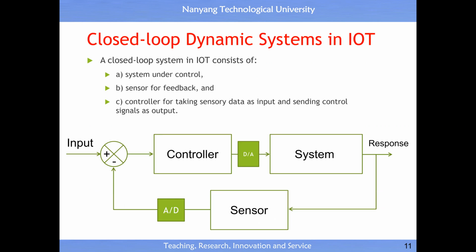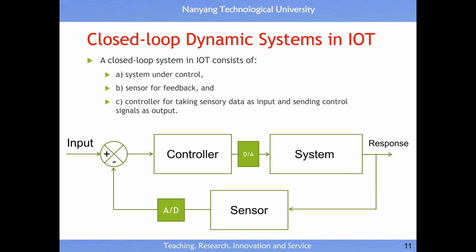So with the use of closed loop control, we are able to transform the dynamic system into a system which is close to a static system, all right? Because static systems are the best systems, all right? So we want to have a better dynamic system. How to make a dynamic system better, all right? Just to make it behave like a static system as much as we can, right?